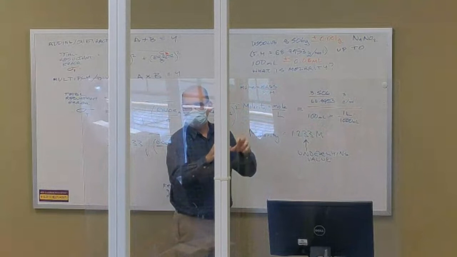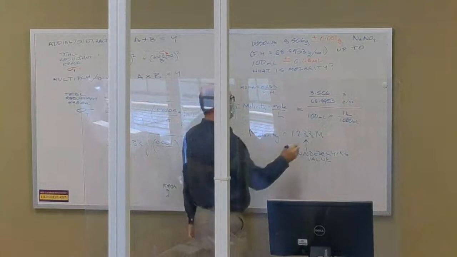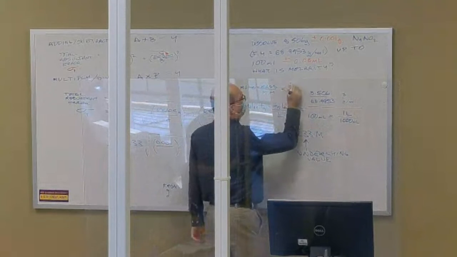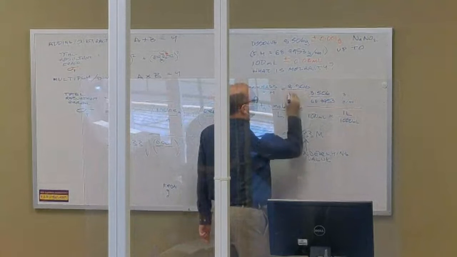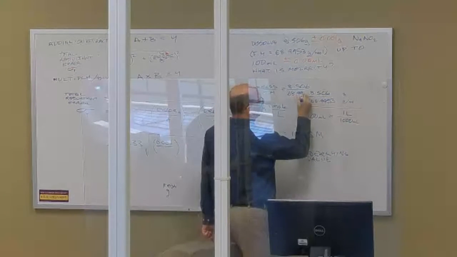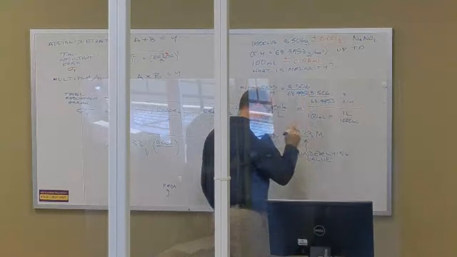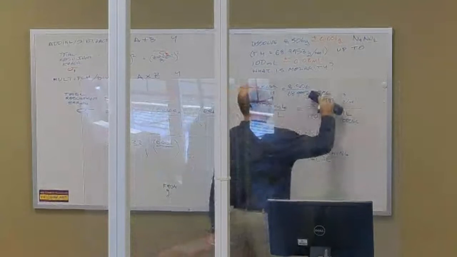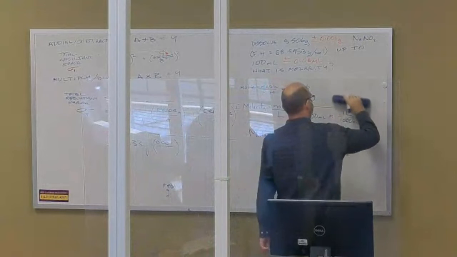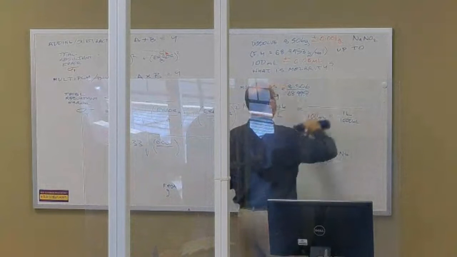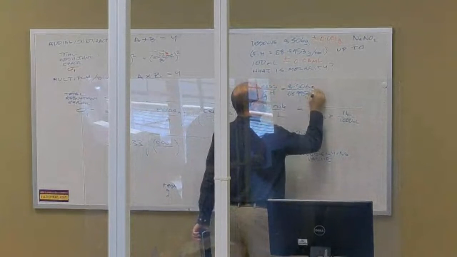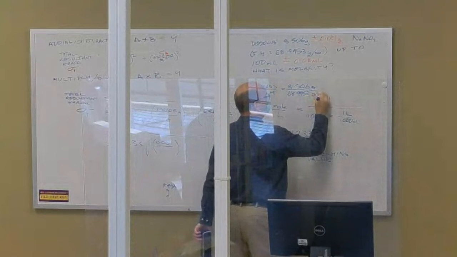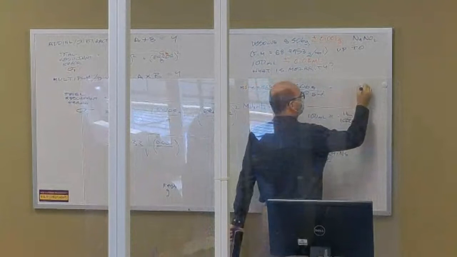I always do the first chunk and then I do the second chunk. If we had just said 8.506 divided by 68.9953, that's my number of moles. Grams divided by grams per mole equals moles.